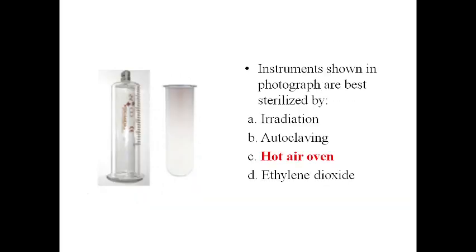The instruments shown in the photograph are best sterilized by what? This image shows glass materials. Glass materials are sterilized by hot air oven. So we will see what things we have to sterilize in a hot air oven.